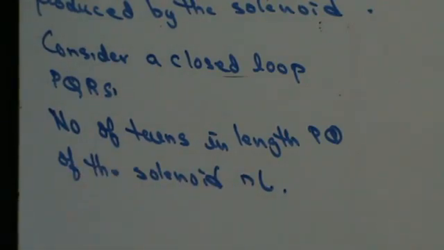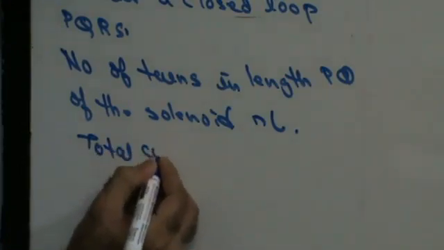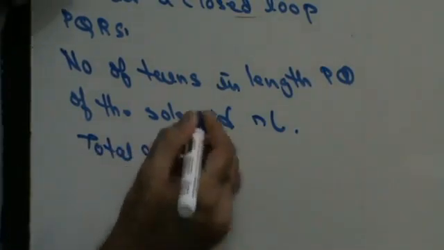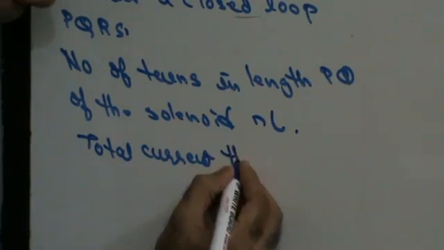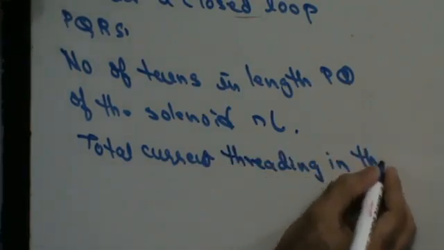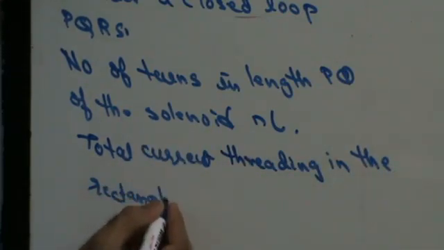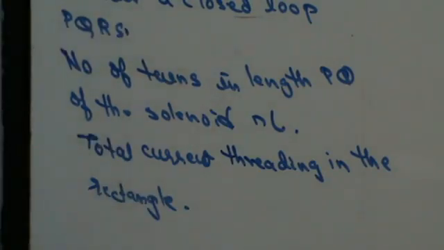Now, I is the current that is threading the rectangular path. Therefore, I can say the total current threading in the rectangle, you have, guys, see this. You have a current of I flowing through each of these threads.